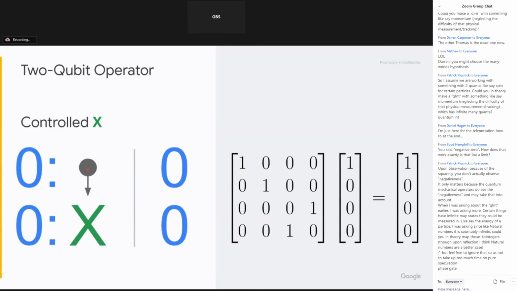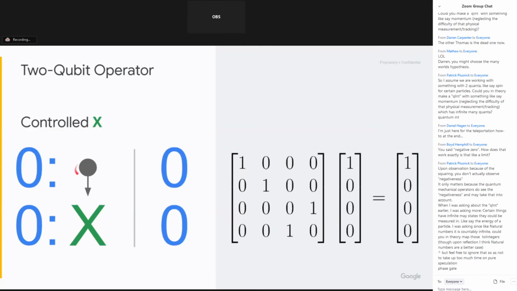We think of this dot like it's the control, and we think of this X like it's the gate that operates on another qubit. It's a gate that takes 2 qubits in and outputs 2 qubits. It's almost like an if-then. It's like our rudimentary if in quantum computing.